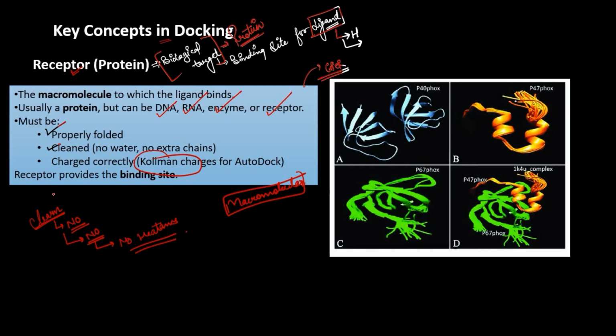And this charge is very important for performing molecular docking in AutoDock. And this receptor provides the binding site for the ligand. Now your ligand binds to this binding site and performs its task. This is your receptor.